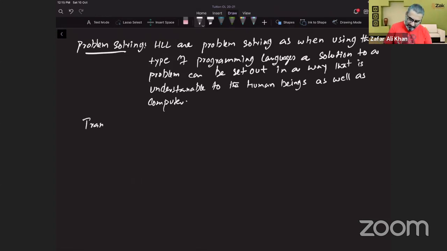What is translation? In general, translation is when translators convert high-level or low-level language to machine code.